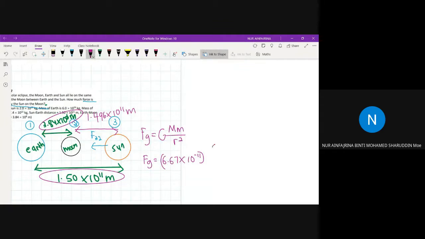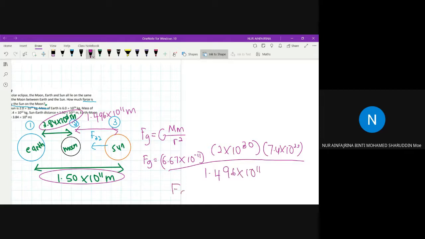Mass of the sun is 2 times 10 to power of 30 and mass of the moon is 7.4 times 10 to power of 22. Okay, dan bahagi dengan distance from the sun to the moon. And distance dia adalah 1.496 times 10 to power of 11 meter. So, tekan calculator, you will get berapa? Okay, cuba tekan. Okay, ini ada square ya. Okay, cuba tekan calculator. Korang dapat berapa?